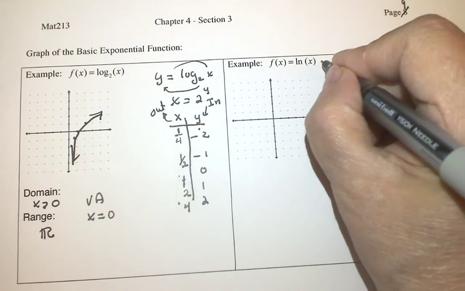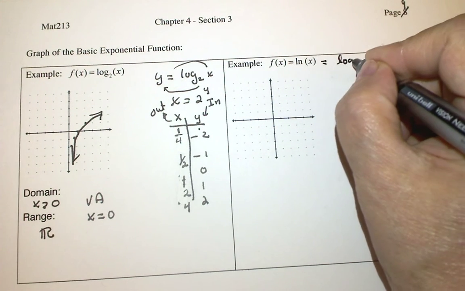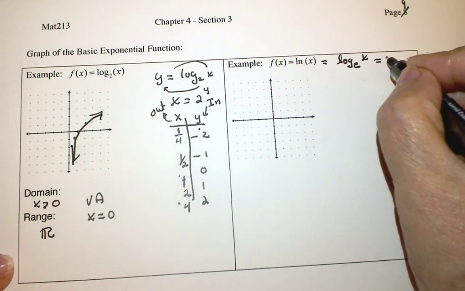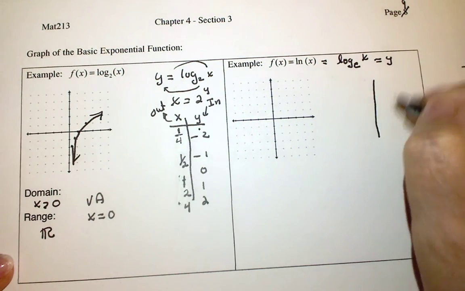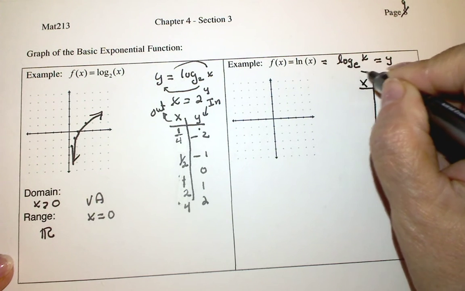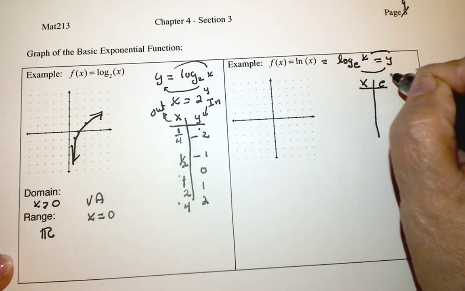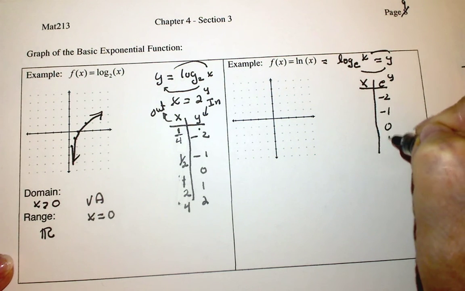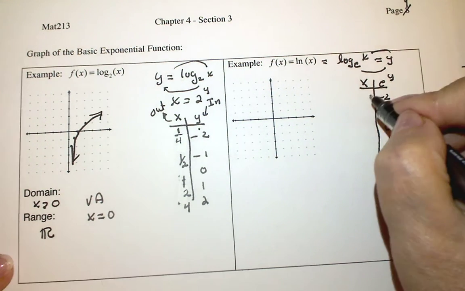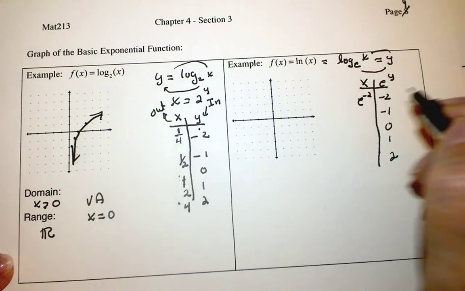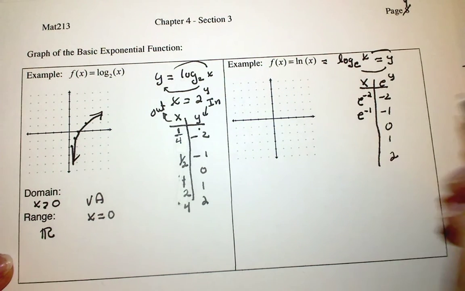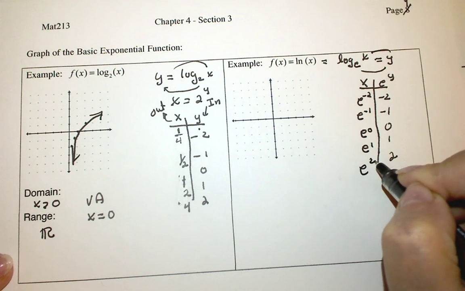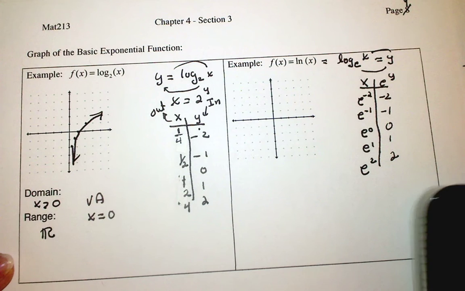Same thing is going to be true here, except this is log base e of x, so that's going to be equal to y. e to the y equals x. Using -2, -1, 0, 1, and 2: e to the -2, e to the -1, e to the 0, e to the 1, e to the 2.